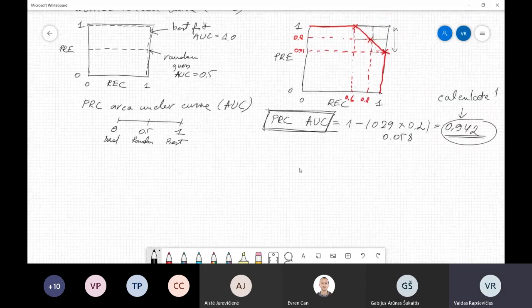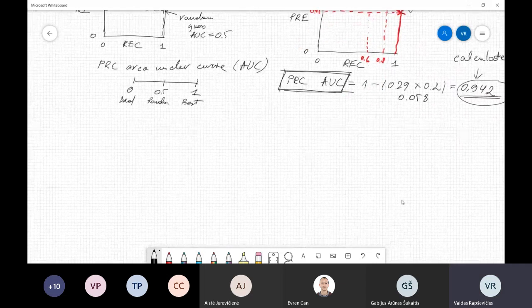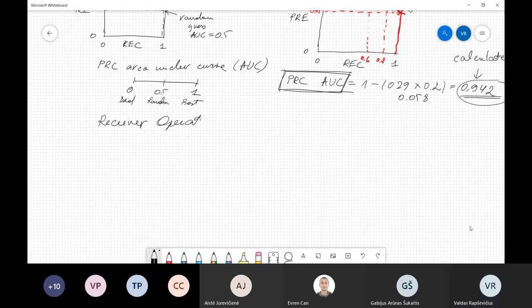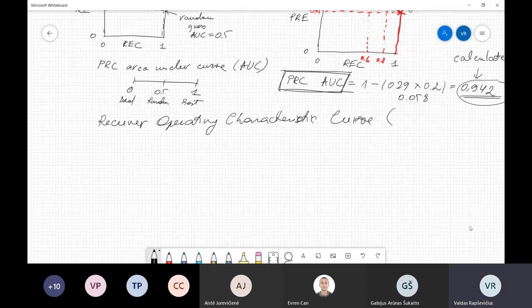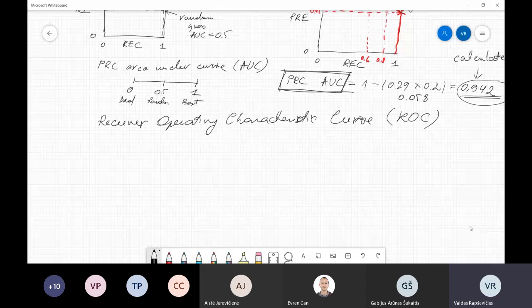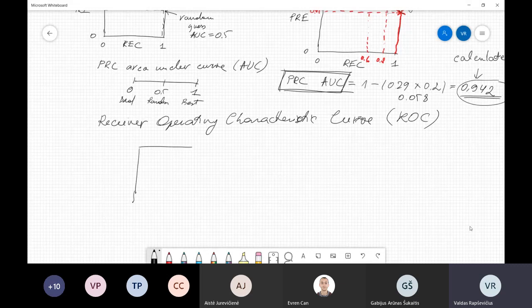Okay, and another example which I have to show is basically the so-called receiver operating characteristic curve, or basically ROC curve. And with ROC curve, we have a similar situation like we had with the PRC curve, right?